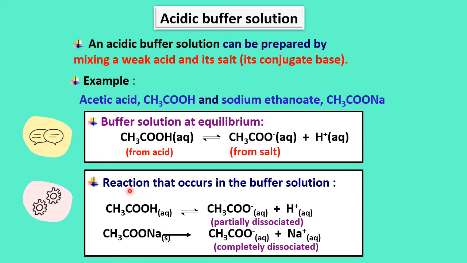So here is the high concentration of ethanoic acid. In this case, because the salt sodium ethanoate completely dissociates, there is a high concentration of the ethanoate ion, CH3COO negative.